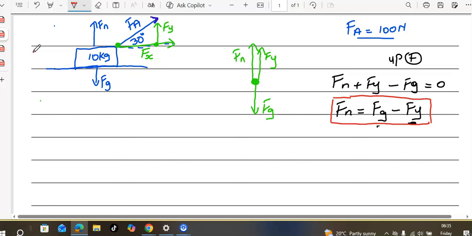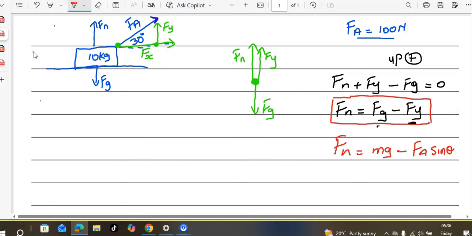If the answer is yes, your normal force will be, remember Fg is just M times G, minus Fy. For now I'm just going to say Fy will be Fa sine theta. I'm going to explain where that is coming from.